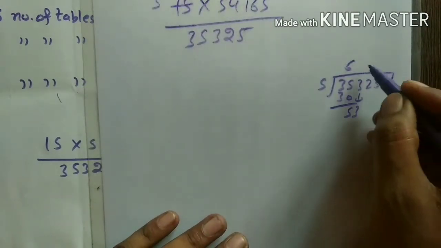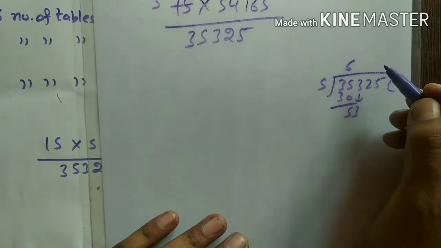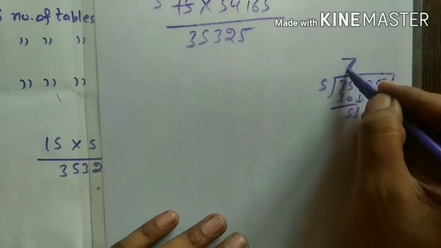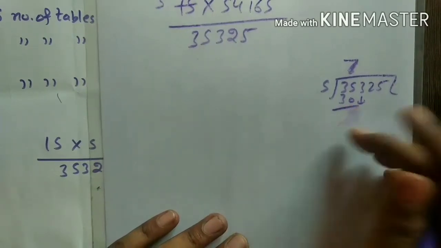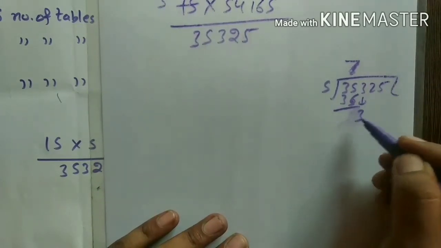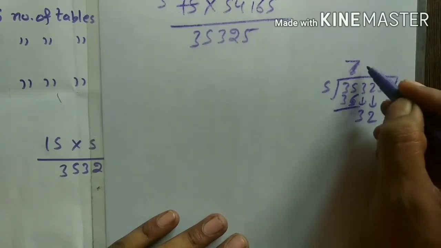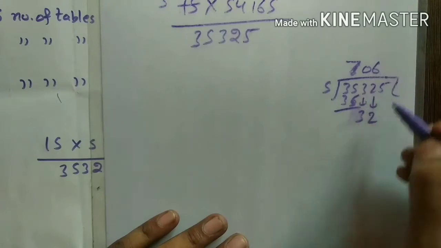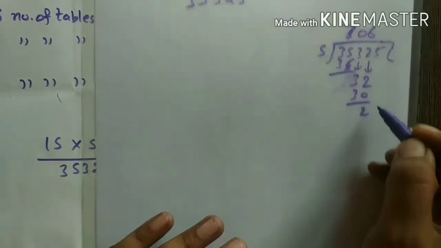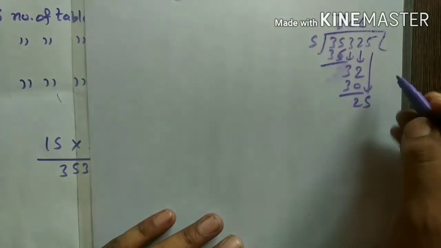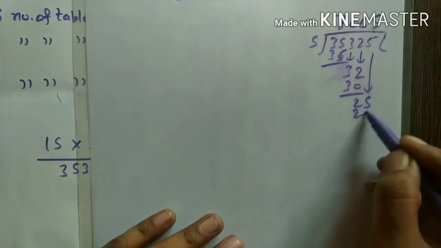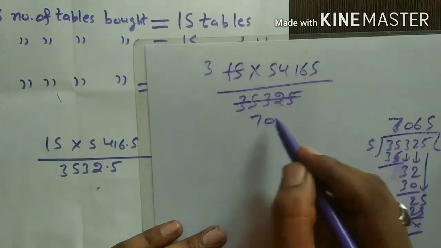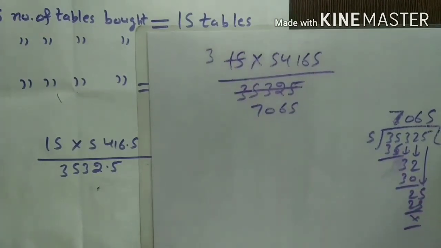Now 5 7s are 35. Now we will take 3 and 2. If we are taking 2 digits, then we will write 0. Now 5 6s are 30 and 2, and I will take 5 more, then 5 5s are 25. Now here after cancellation in the denominator I get 7065.